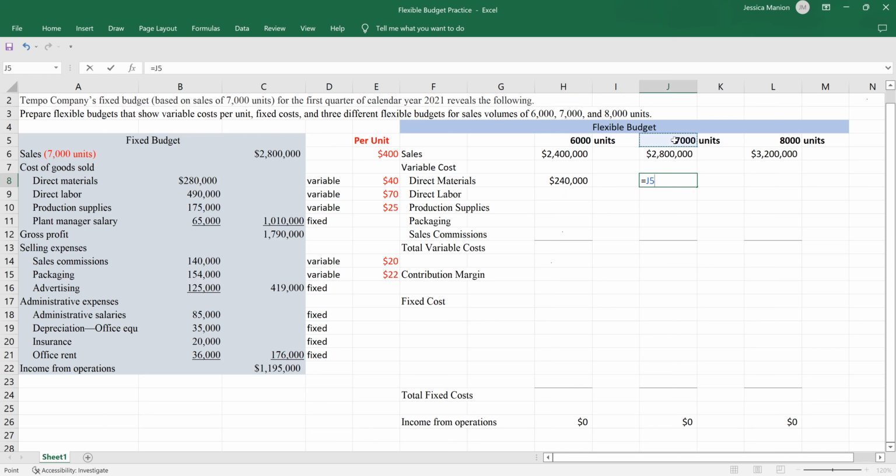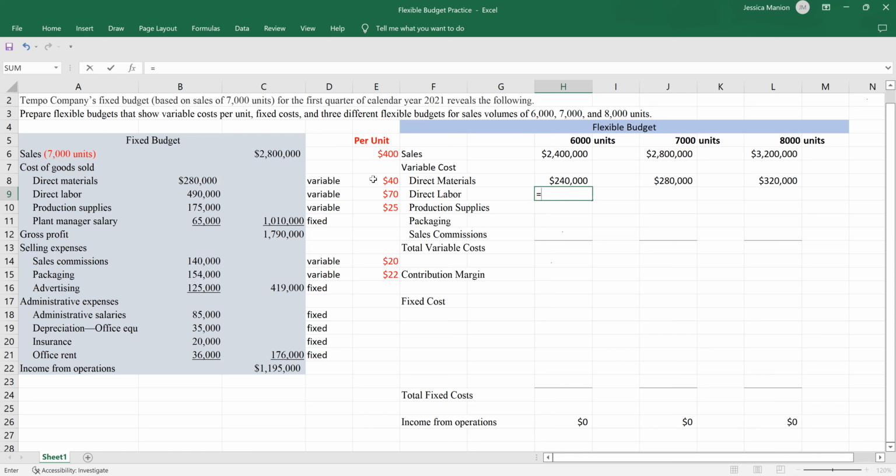So 7,000 units times our material cost per unit. And then at 8,000 units, 8,000 times our material cost per unit. And so we have our direct materials at the 3 different levels of activity.